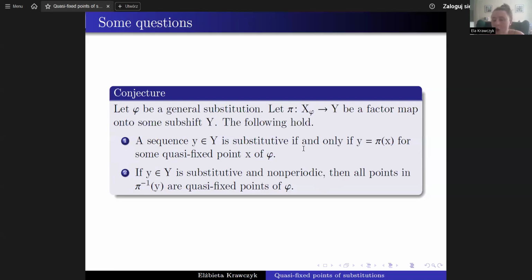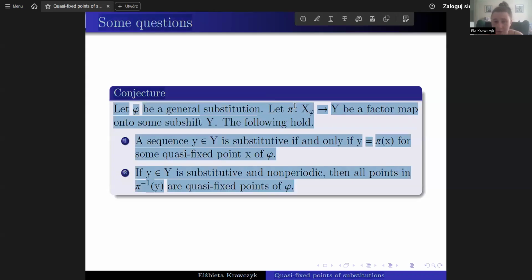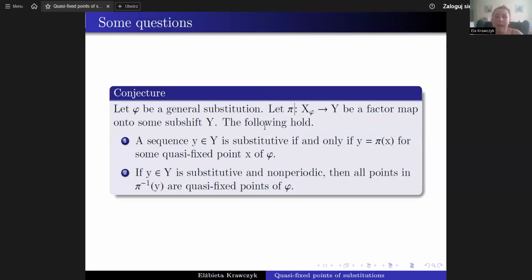I hope to later say a little bit about why I think this is the case, what kind of tools we are missing. So this conjecture says this is exactly the same statement. For a general substitution and a general factor map, you can assume this is a coding, my substitutive sequences are characterized in the same way by the quasi-fixed points of the original substitution.